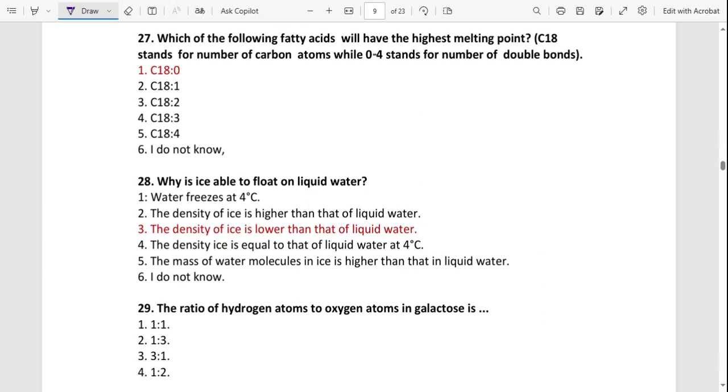Which of the following fatty acids will have the highest melting point? C18 stands for carbon atoms, while 0 to 4 stands for double bonds. What you need to know is that this fatty acid here is saturated.